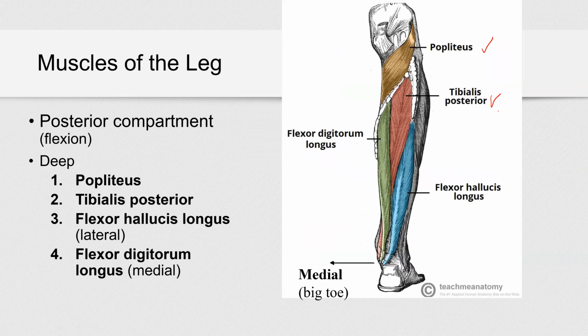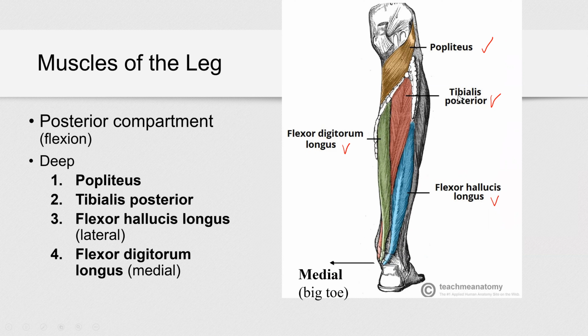So on the back, we have tibialis posterior. Now, over here, my big toe, that's the medial side. And on the medial side you have a muscle that is flexor digitorum longus. And lateral from that, you have flexor hallucis longus.